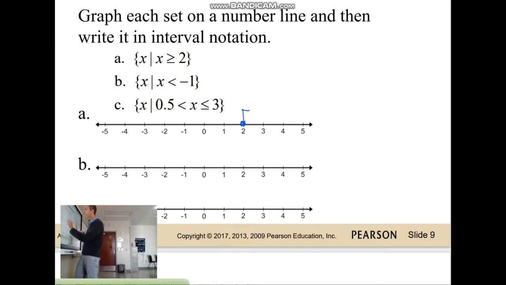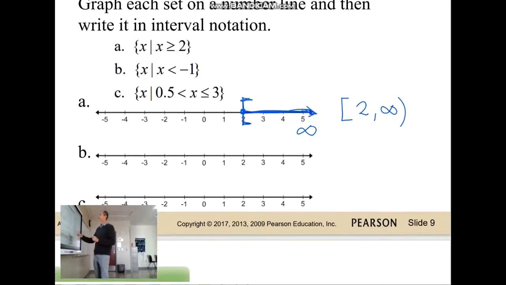So bracket here. And everything that's greater than or equal to number 2 is included in this interval. So this, all the way to infinity. The interval notation of this is bracket 2, comma, infinity, parentheses.